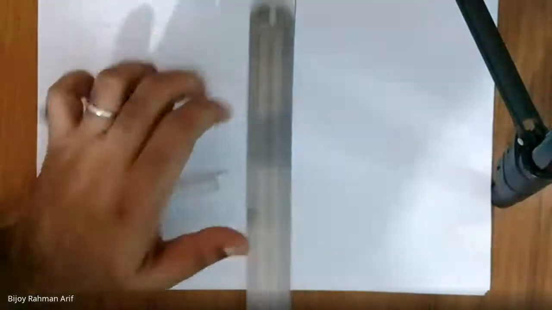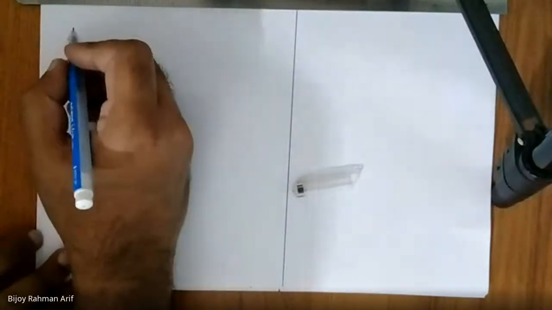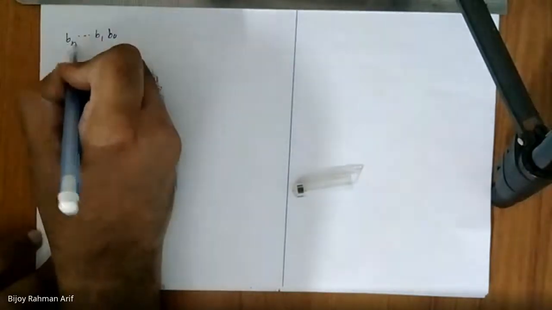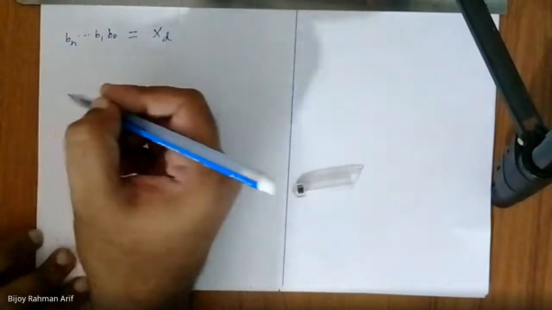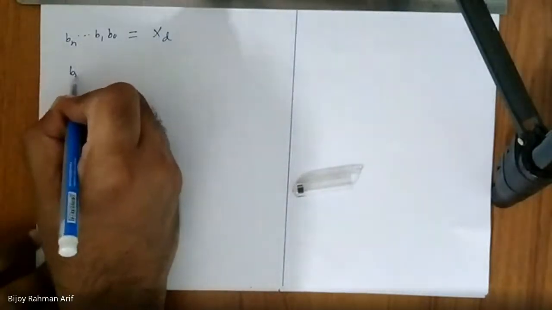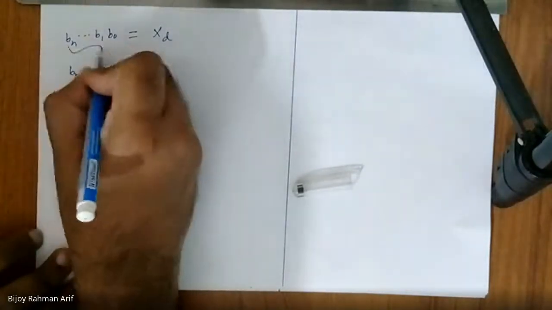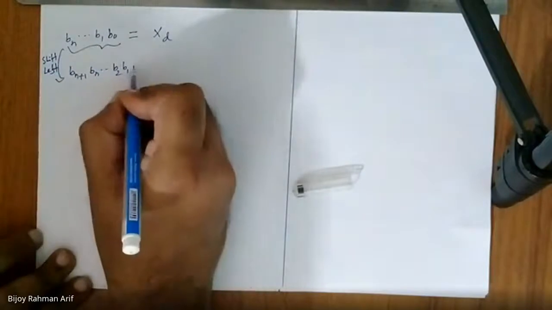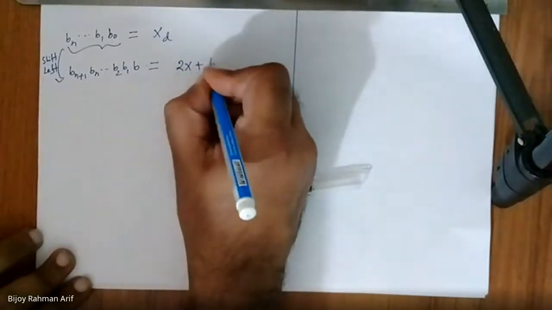If I have a binary number b0, b1, bn, whose equivalent decimal is x, then if we write another new number like this, shifting left, and then add a new bit b, the decimal equivalent would be nothing but 2x plus b.